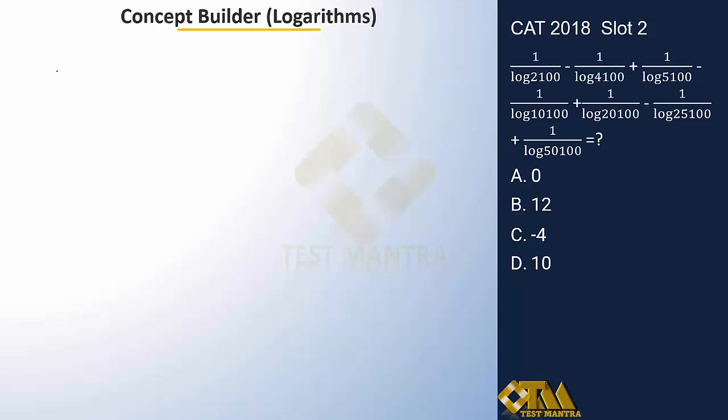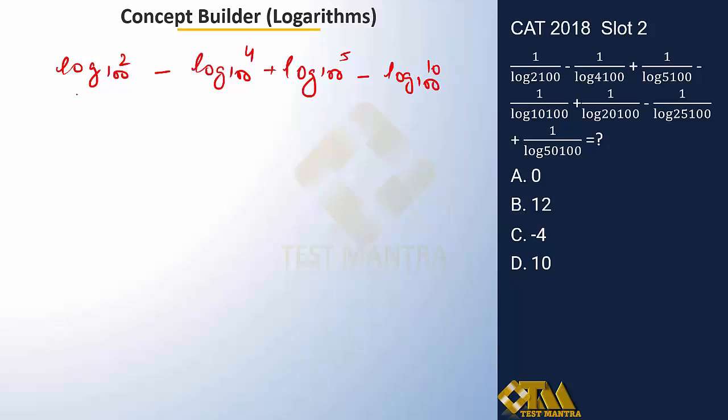So I can definitely write this value as log 2 to the base 100 minus log 4 to the base 100 plus log 5 to the base 100 minus log 10 to the base 100 plus log 20 to the base 100 minus log 25 to the base 100 plus log 50 to the base 100.